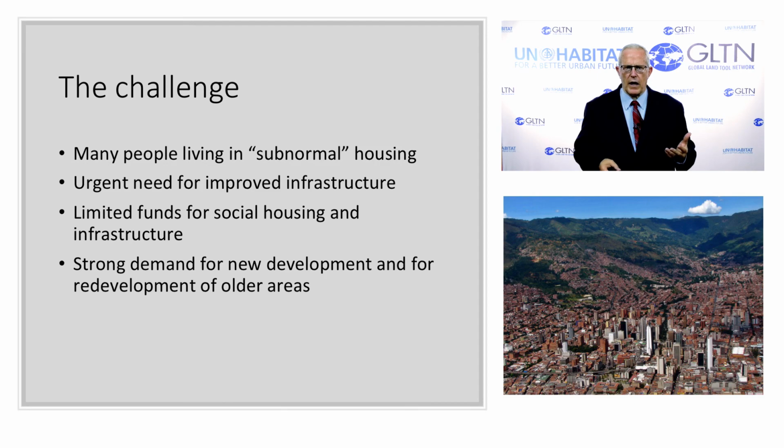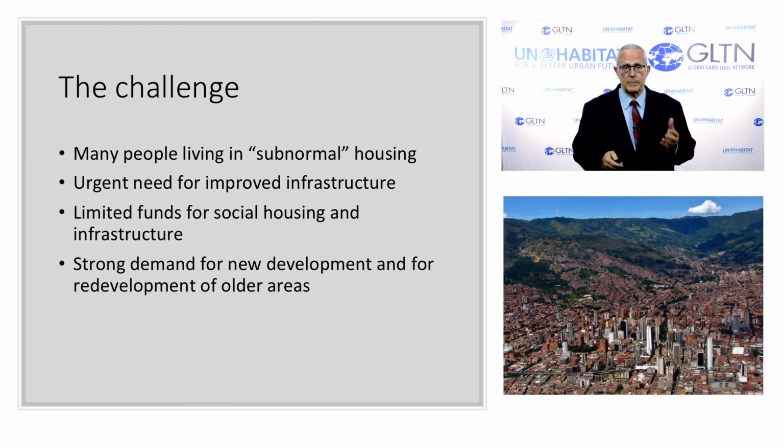The challenge they have is that many people are living in subnormal housing that has been, if not informal, at least not very high standards. And there's an urgent need for improved infrastructure.